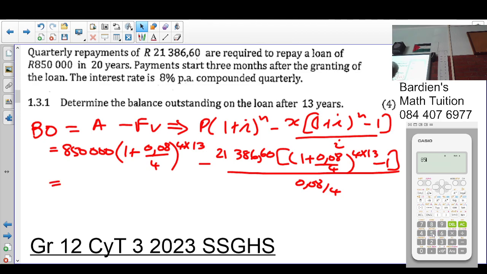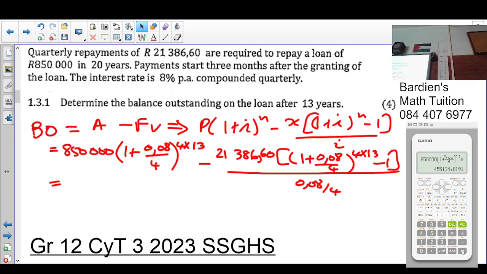Okay, so you get 850,000 into 1 plus 0.08 over 4 to the exponent 4 times 13, minus 21,386.60 into (1 plus 0.08 over 4 to the exponent 4 times 13, minus 1), and this is over 0.08 over 4.